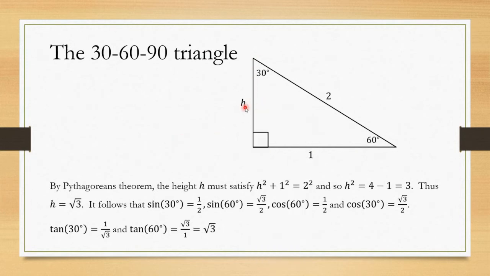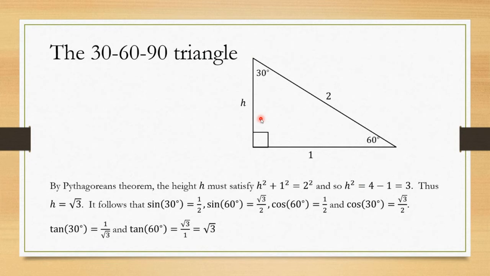But how do you get h? Pythagorean theorem, right? h is a leg, so we have 1 squared plus h squared equals 2 squared, as I have here. And h squared is then 4 minus 1, which is 3. And so h turns out to be the square root of 3.